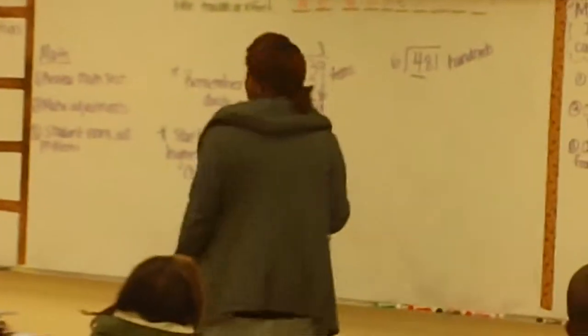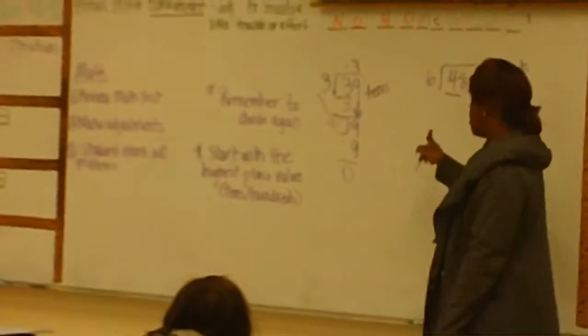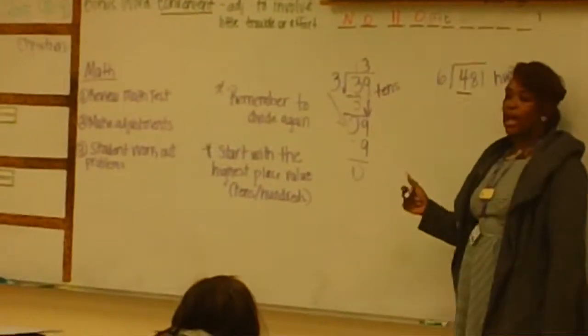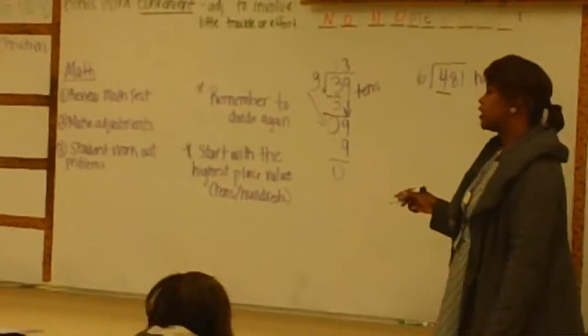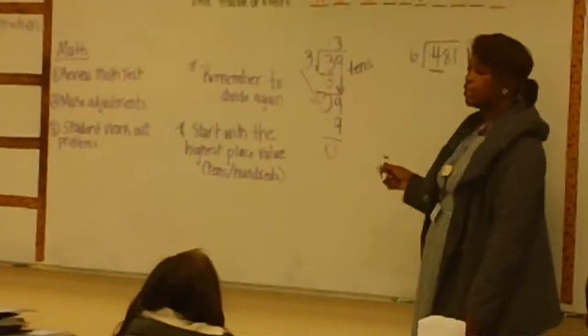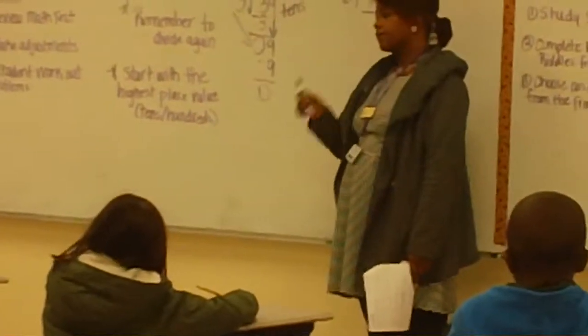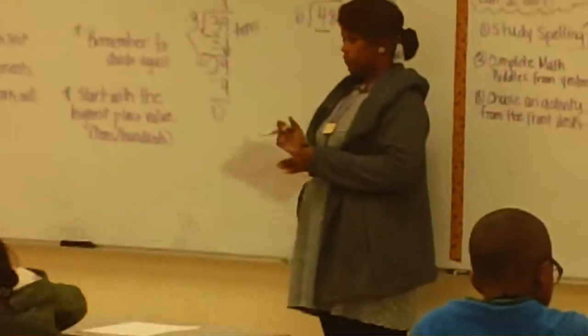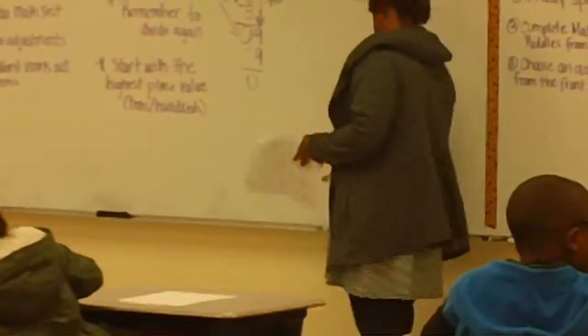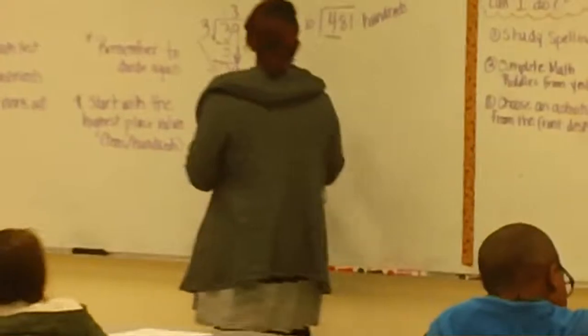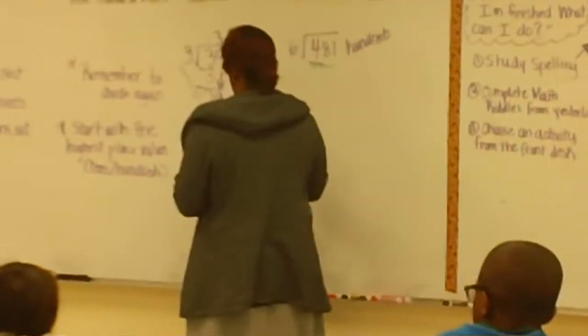Okay, so who is this? Caitlin told me to start recording. So can 6 go into 4, class? No, 6 cannot go into 4. So what do we need to do now, Clinton? See if 6 can go into 48. So we go to the next place value and combine.